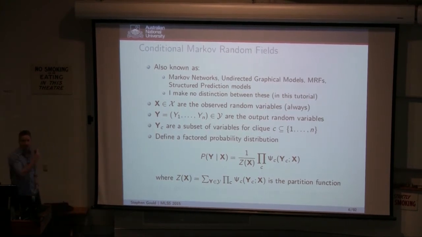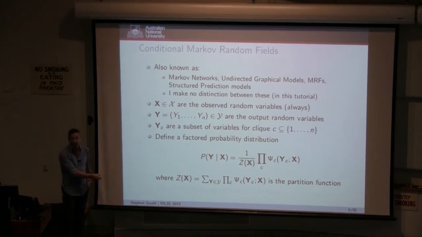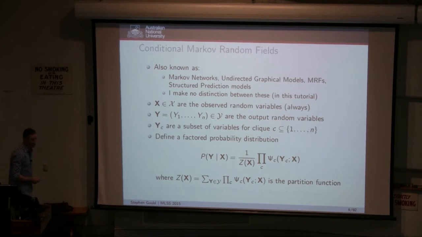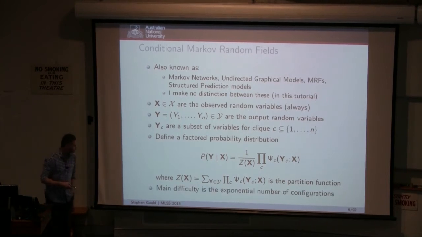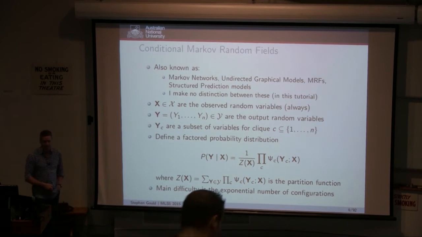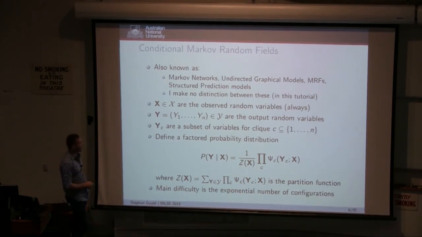Okay, so we saw in the photo montage example, there were 4 to the 300,000 possible assignments. And in order to compute this partition function, we have to sum over all of those assignments, right? So that's the difficulty. That's an intractable sum. And so a lot of the algorithms that we'll be looking at try to get around this intractability. Okay, that's the main difficulty that we're trying to get around.